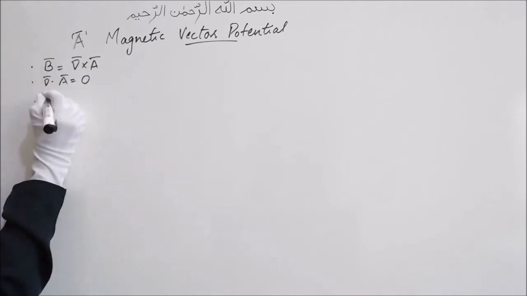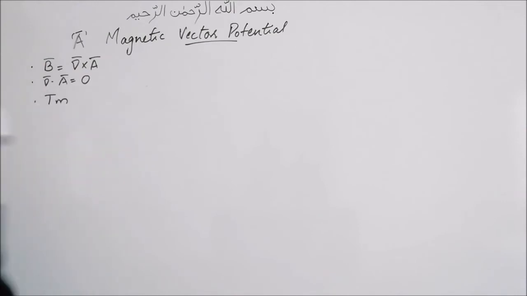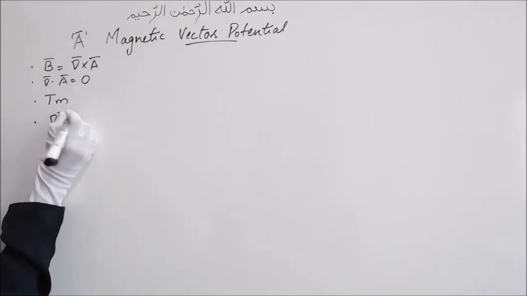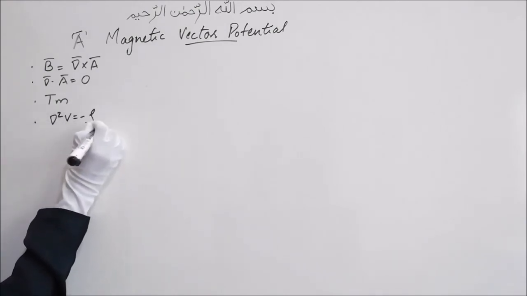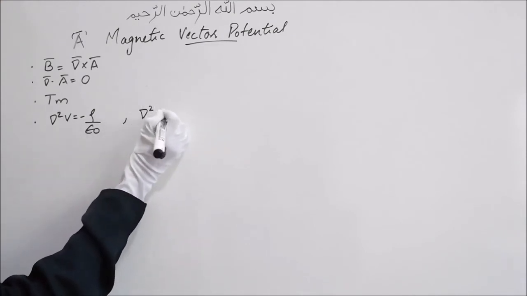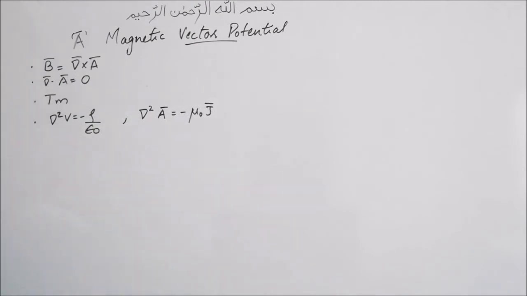The unit of this magnetic vector potential is Tesla meters. The Poisson's equation which we saw in electrostatics was del squared V is equal to minus rho upon epsilon naught. Here the Poisson's equation is del squared A is equal to minus mu naught J.